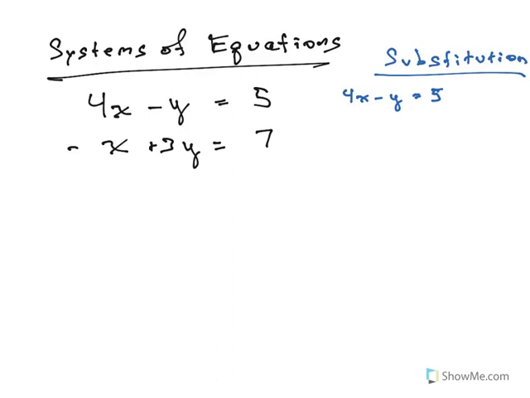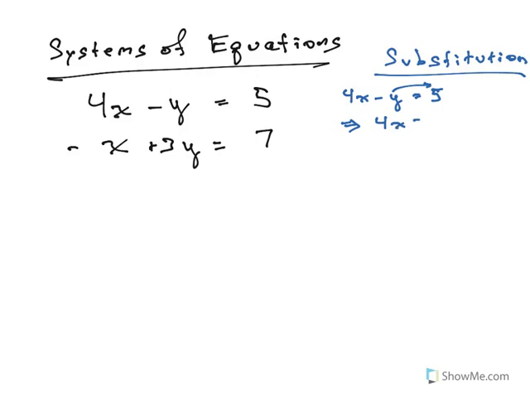So take one of those equations and solve it for one of the unknowns. So that is, I'm taking the first equation, and I'm either going to solve for x or I'm going to solve for y. Looking at it, it's probably easier to solve for y. So how am I going to solve this one for y? Well, y has a negative on it, so if I bring it to the other side, it'll become positive.